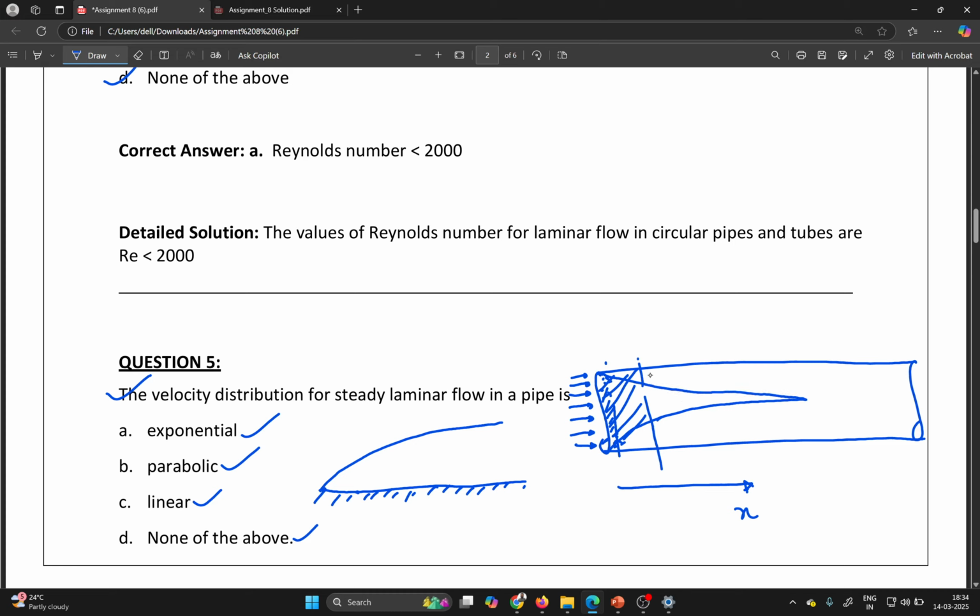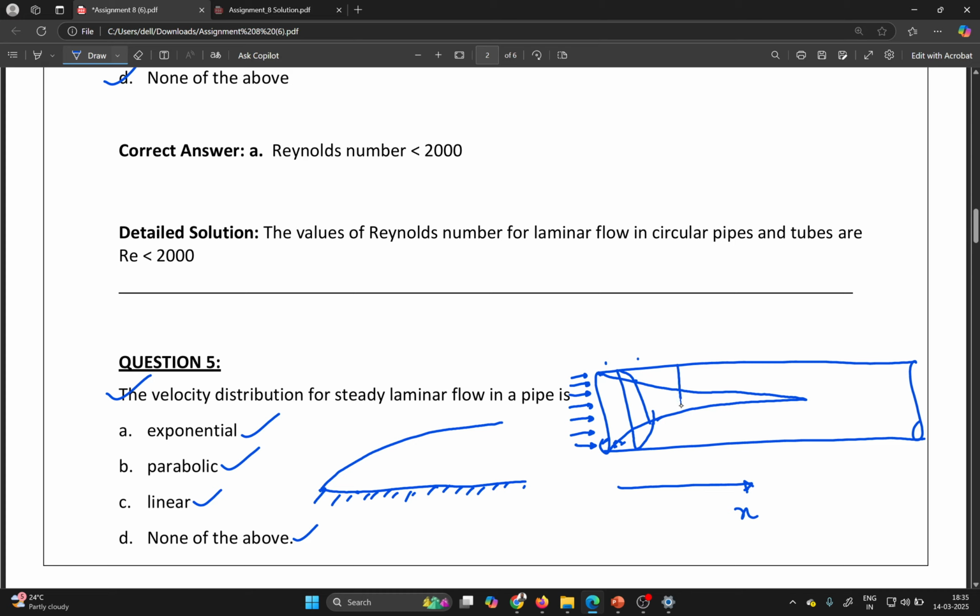So your velocity distribution here, let us suppose, will be like this. Up to that much the velocity will vary, and this will be constant, but this is just for drawing purposes, not correct. Here it will be constant, remember please.